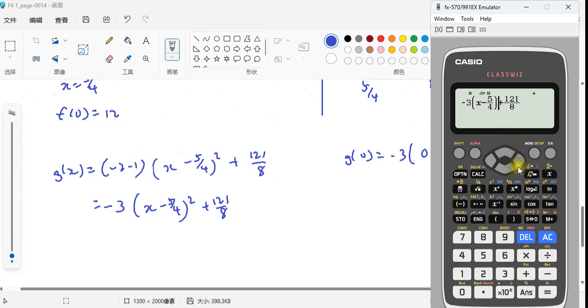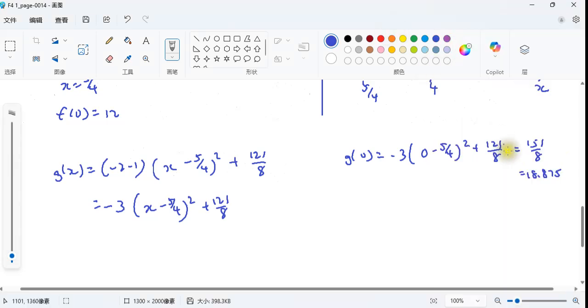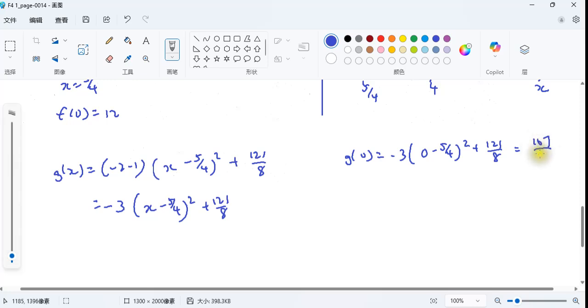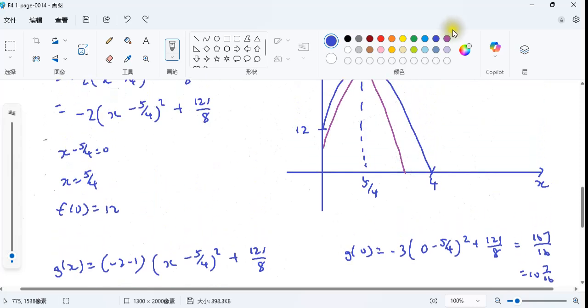That is 10.437, so it is 167 over 16. Okay, 10 and 7 over 16. So g of 0 is 10 point something. Okay.